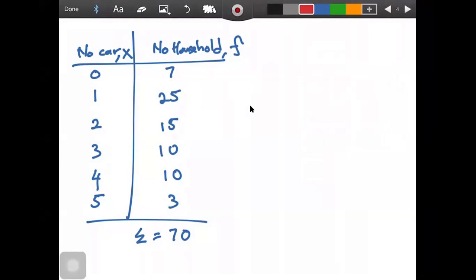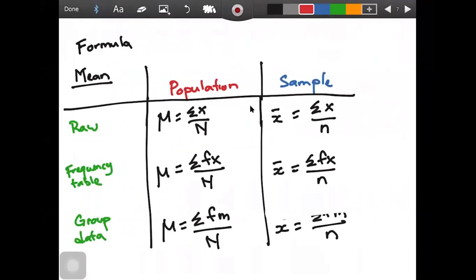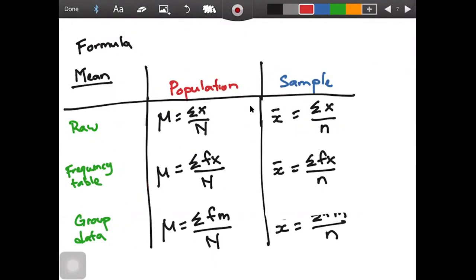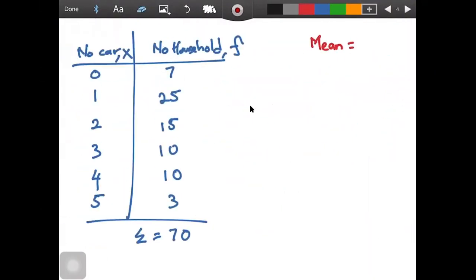So mean, formula for mean is, because this is in the group form, kalau saya nak tunjuk, so we need to use this one. Mean equals to sum of fx divided by n. But this is population. Kita guna smaller n. Sama aja. Okay. So this is f. So kita perlu tambah because sum of fx divided by n. So we need to have fx.